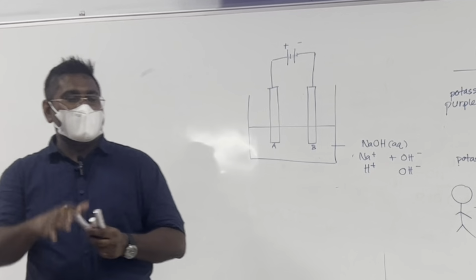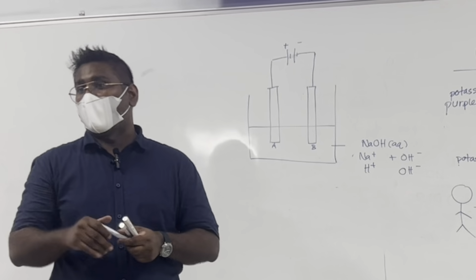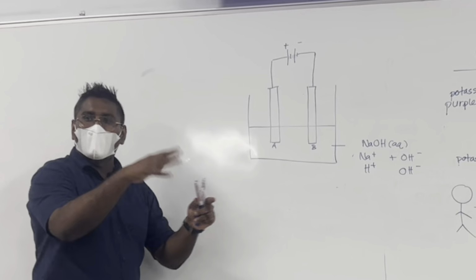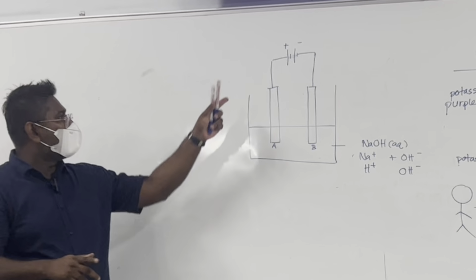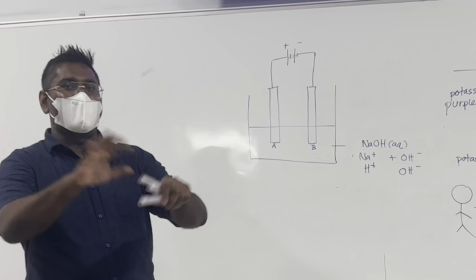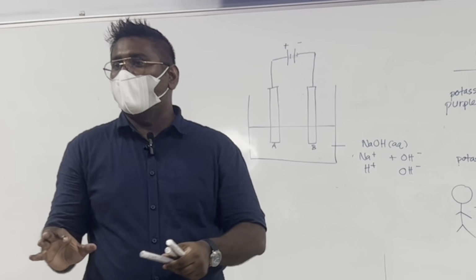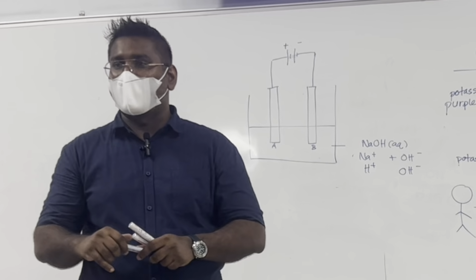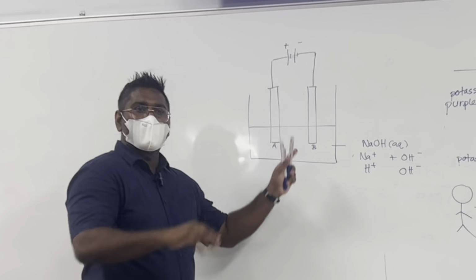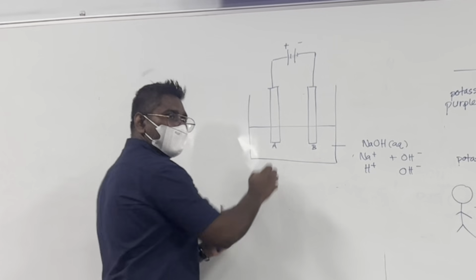So in total there are 4 ions in the electrolyte. Whenever electricity flows through, these ions are attracted to the electrodes. They will come and surround the electrode, as though you have a fishing bait over there.